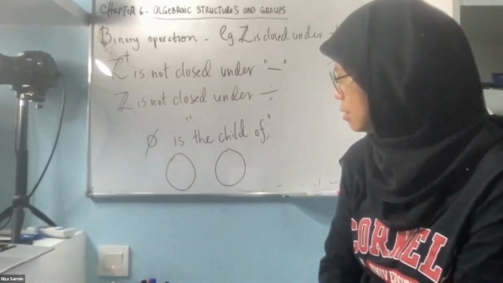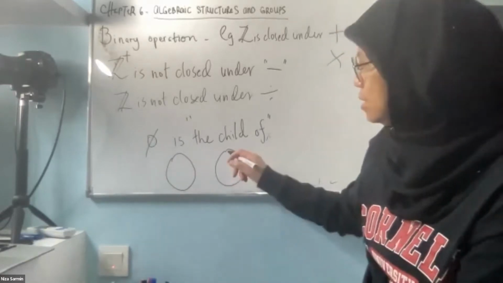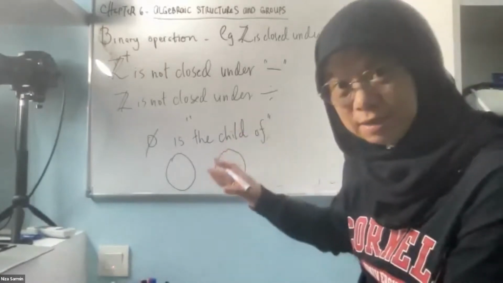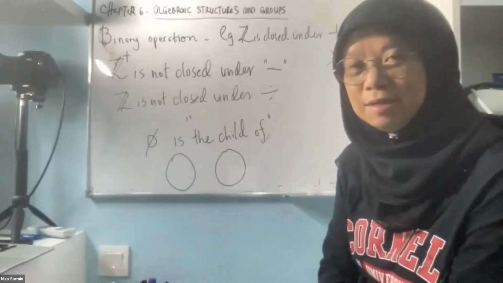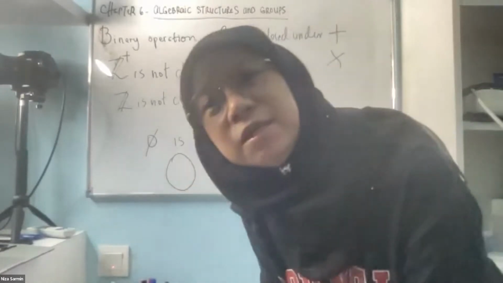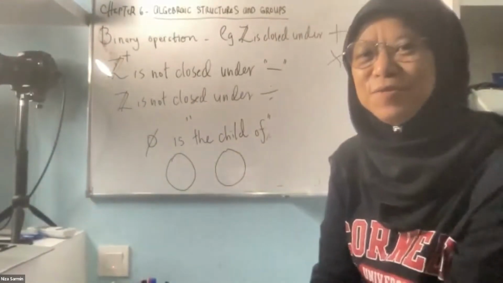if this is the set of parents, it's not a function. Let me put your name. Who is over there? Why is it so bright? Alia, Nur Alia Zulkifli.